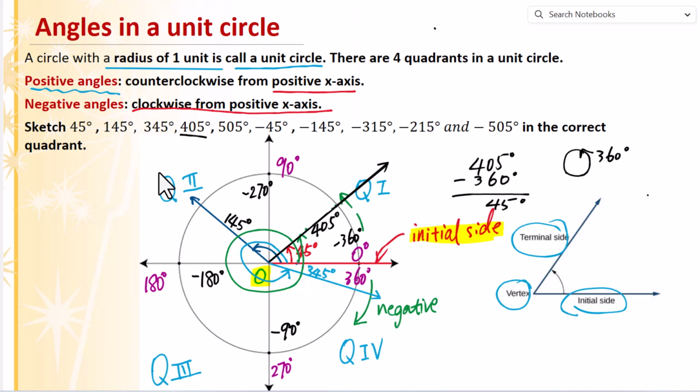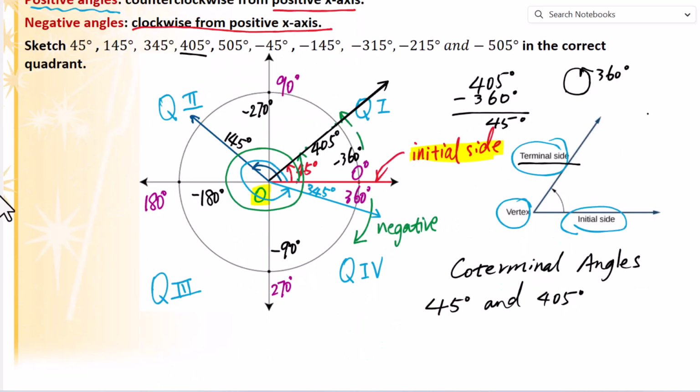Since 45 degrees and 405 degrees share the same terminal side, we call 45 degrees and 405 degrees coterminal angles. Coterminal angles have the same trig functions.